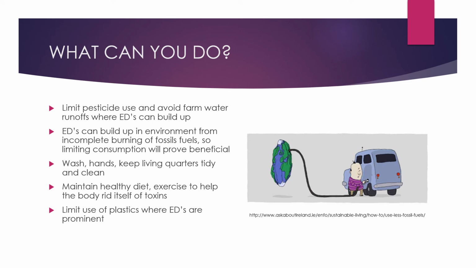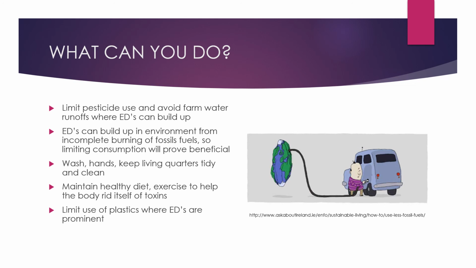They can also build up in the soil of the farms where the pesticides are used the most, and they can especially be where the water runs off in those areas. And so avoiding water and avoiding those areas in general, and ingestion of any kind would be important.